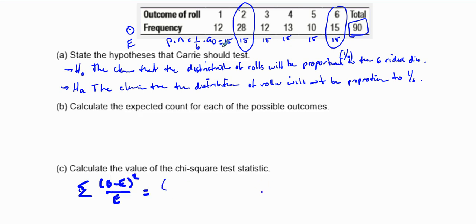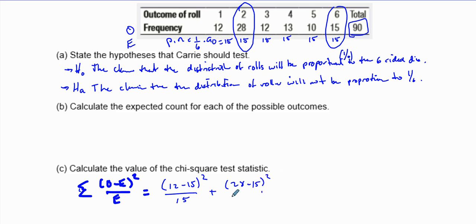We take our observed, which is 12 minus 15, square that and divide it by 15. Then we add that to the next one, which would be observed 28 minus expected, minus 15, which is our expected value for the second one.